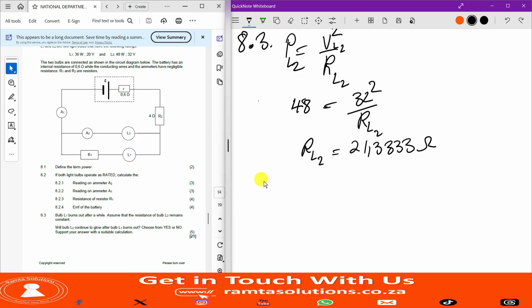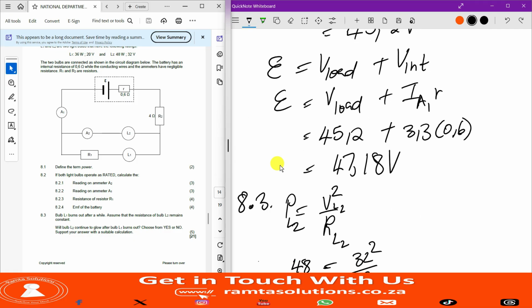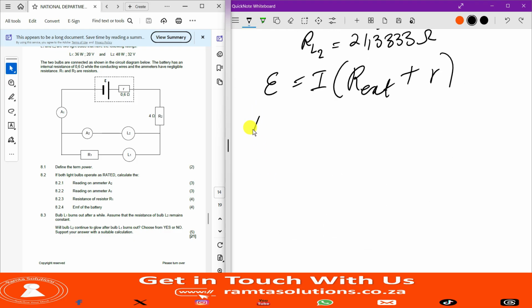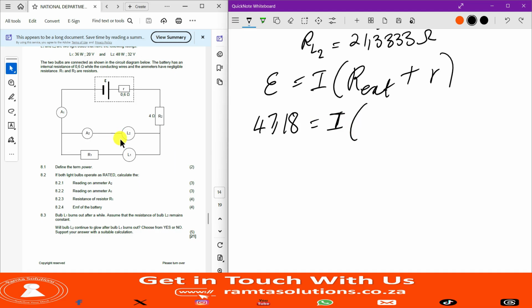Let's see. We will say the EMF equals total current times R external plus R internal. The EMF will never change. It is that 47.18. The total current is what we do not know now. Now, what is the external resistance? Remember, R1 is out. We are left with this one, which is 21.3333 plus 4 ohm.